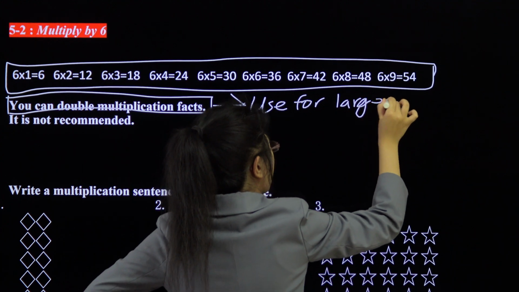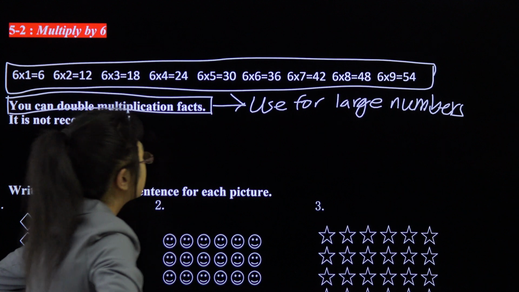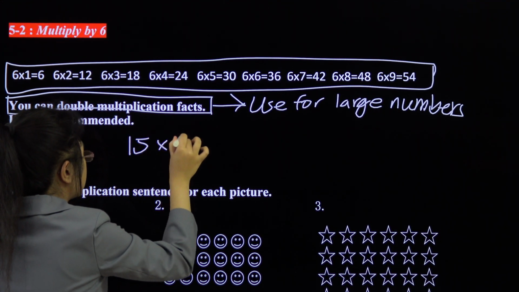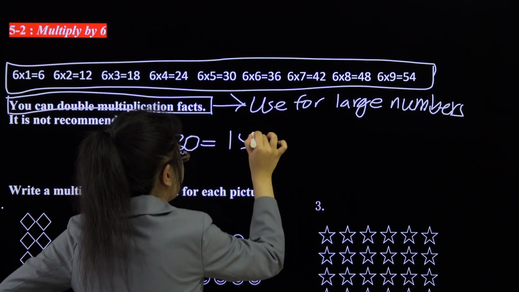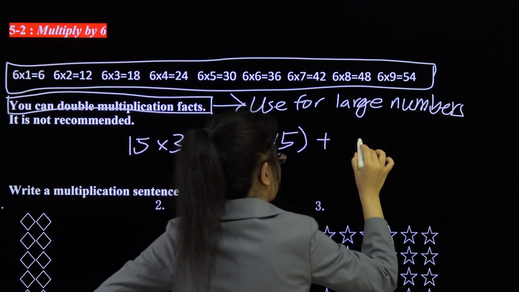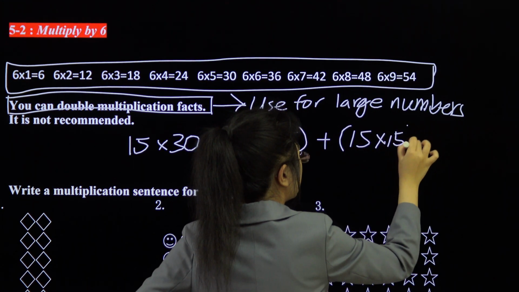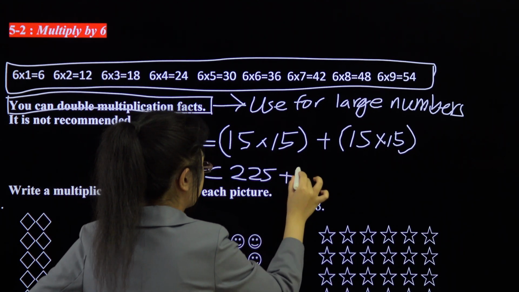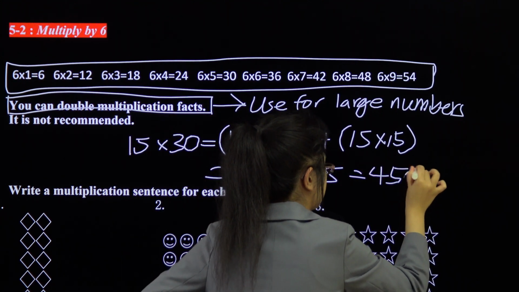Such as, say, let's see, 15 times 30. After a few years of doing multiplication, you know that 15 times 15 is 225. So this is equal to 225 plus 225, which is then equal to 450.